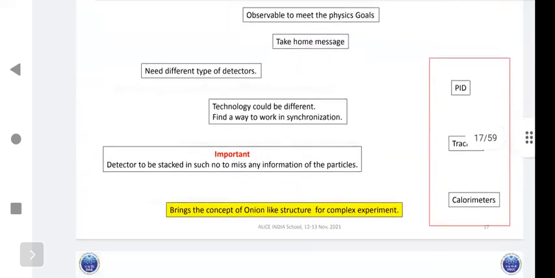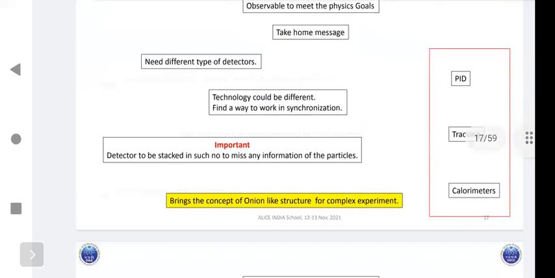A few more words about this summary. The take-home message is very clear. You need to have some detection mechanism which cannot be a single one. They may be different. So we have to find a way to have a larger number of detectors which will work in different ways, but they should work in synchronization.